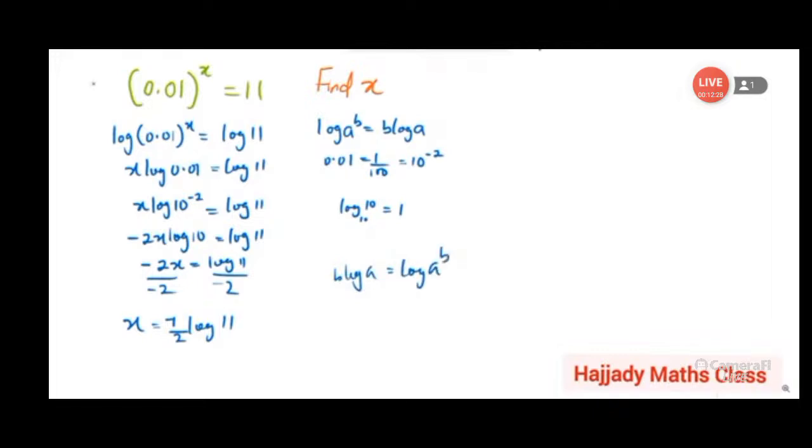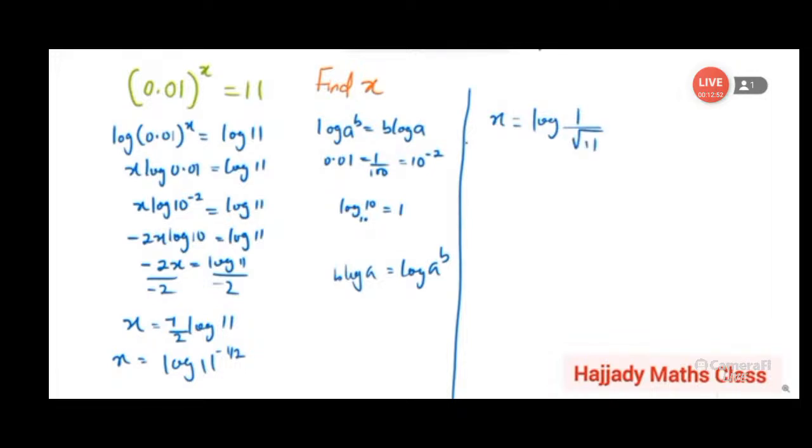So using the same thing here, I'm going to have my x equal to log 11 raised to power negative half. So from this, my x is the same thing as saying log 1 over root 11.